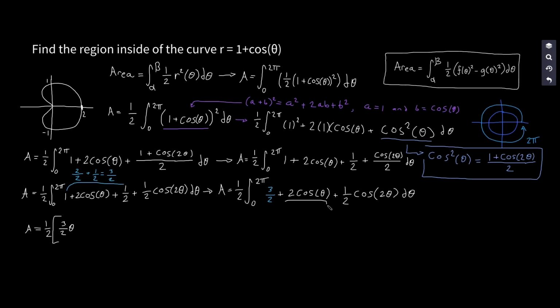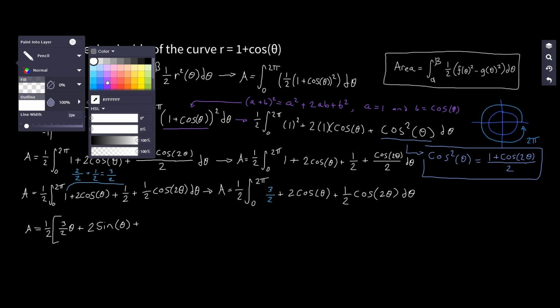Then we'll multiply back that 2. So our result after anti-differentiation will be 2 sine of theta. Same sort of deal here with this 1/2 times cosine of 2 theta.